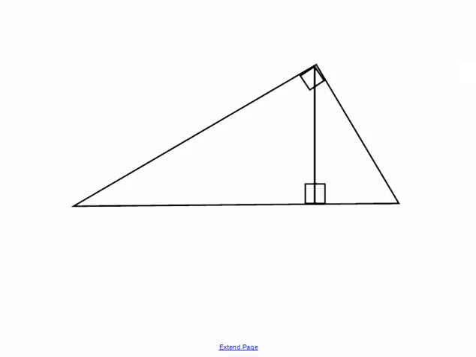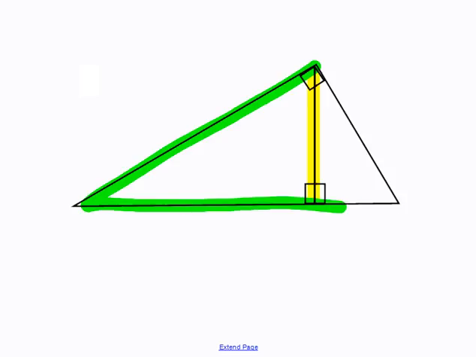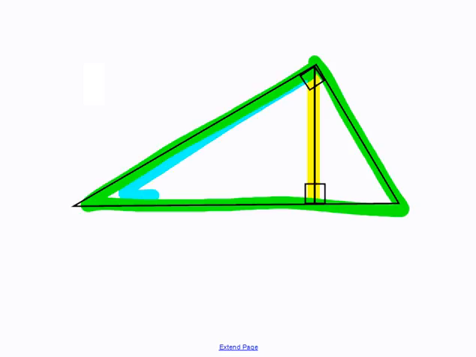One of the things that you should notice is that the altitude of a right triangle, right here, cuts the triangle into 3 similar triangles. So we have the altitude cuts this big triangle into this triangle and this triangle.